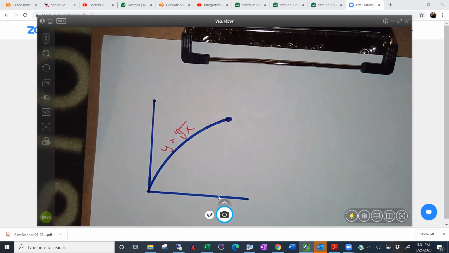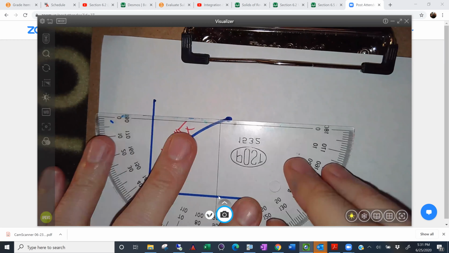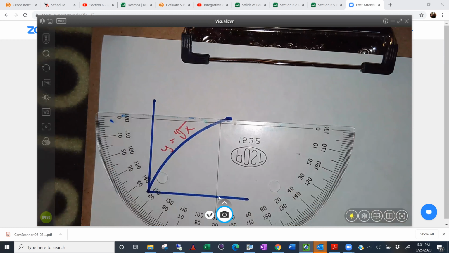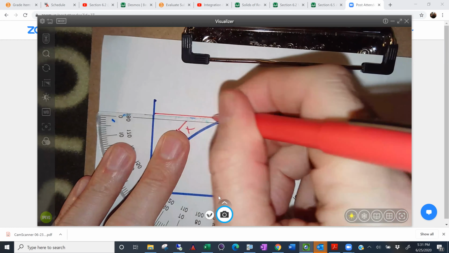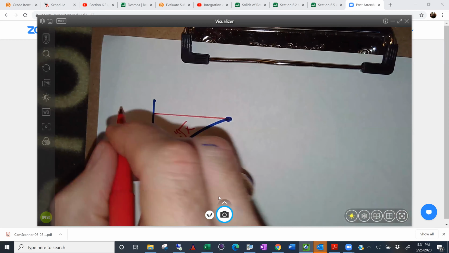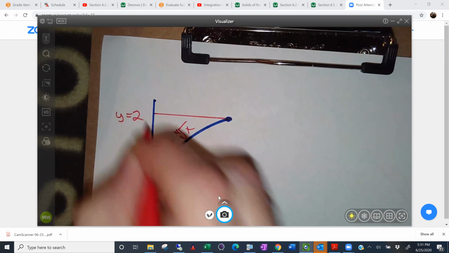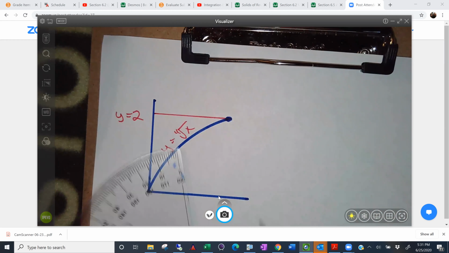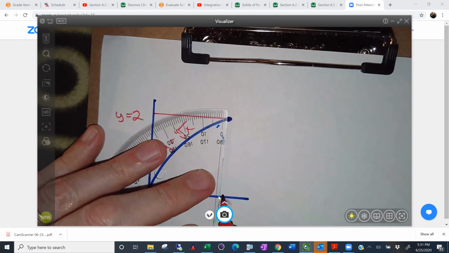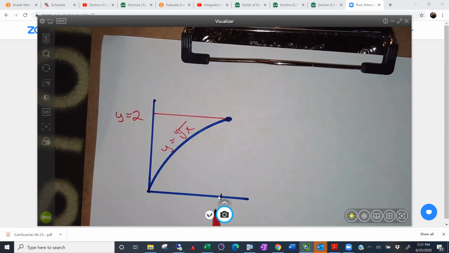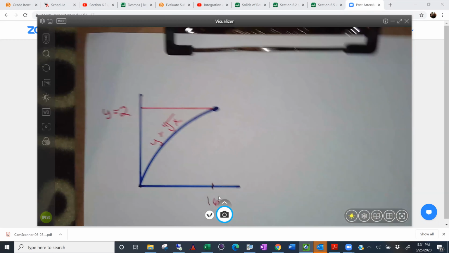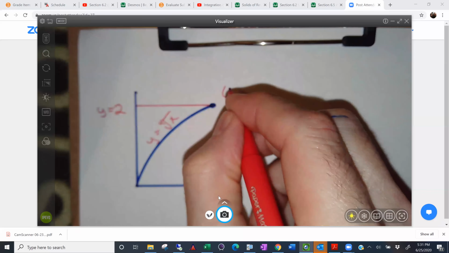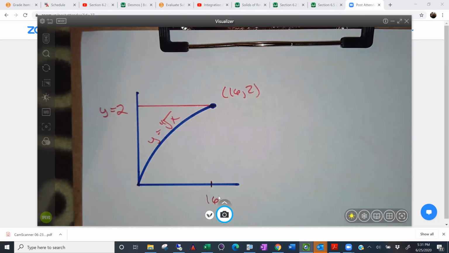Let's see, drawing a couple other lines here. This one here at y equals 2. And this point would be 16. 4th root of 16 would be 2. So 16 and 2, like that.